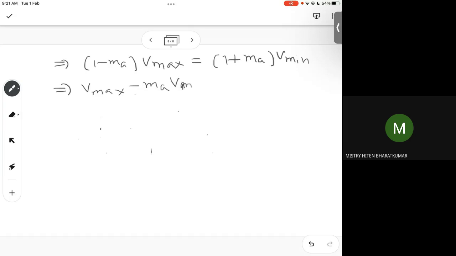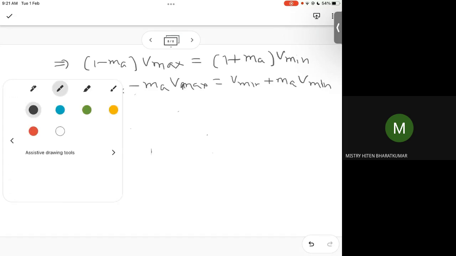It becomes 1 minus Ma times V max is equal to 1 plus Ma times V minimum.